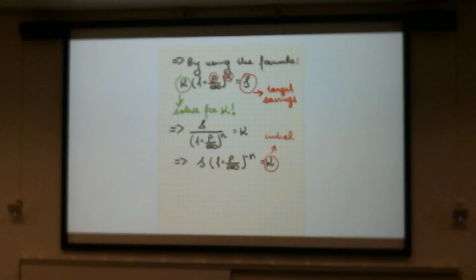I can write the division in terms of the negative power. That's just an alternative way of writing things down.